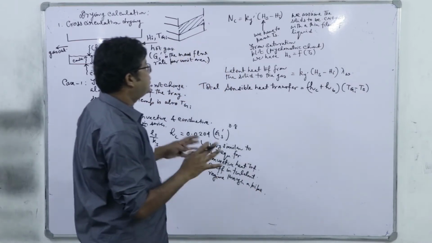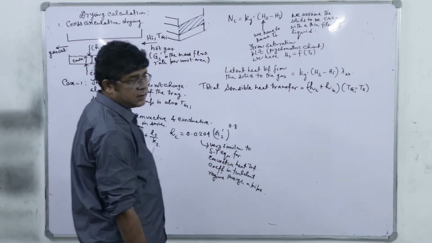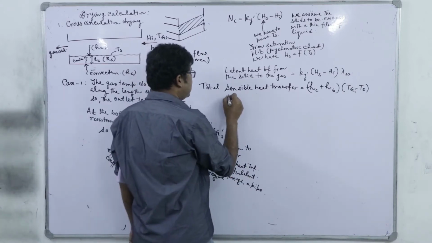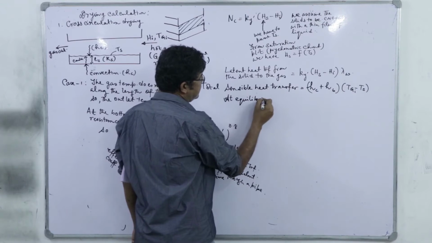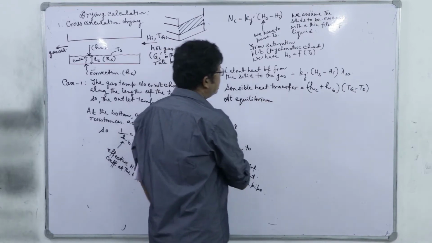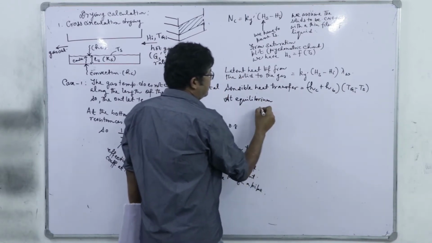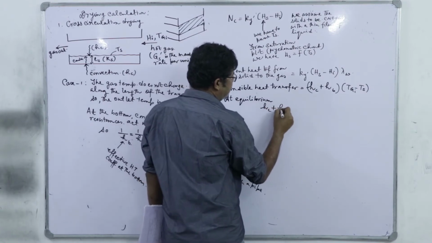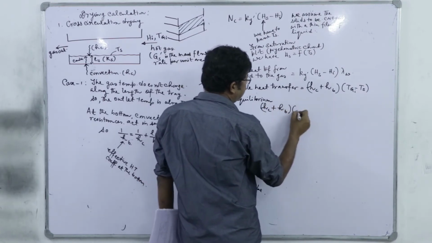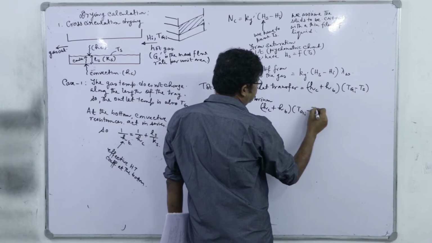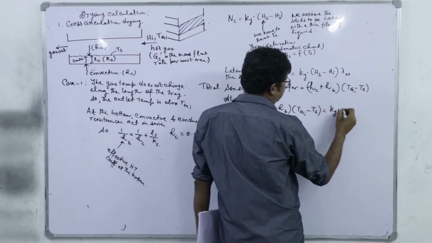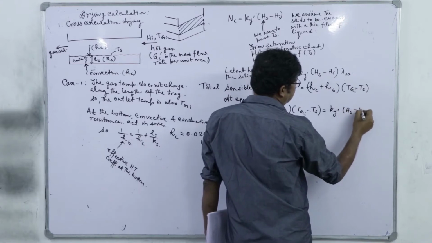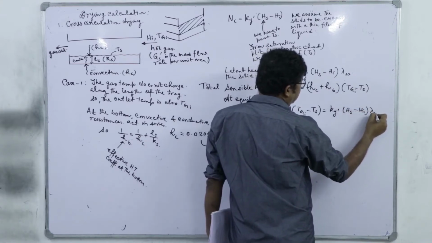Okay. Now, these two we will simply equate at equilibrium. So, at equilibrium we have Hc plus Hb into Tgi minus Ts is equal to Ky prime Hs minus Hi into lambda W.